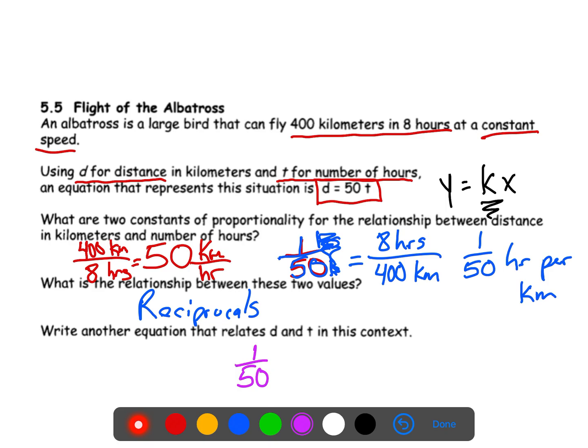Now what we're going to do is multiply the constant of proportionality times the distance to equal the time. So it reverses those variables, because if you think of that table, instead of working one direction, we're working the other, and we're working with the variable here on the other side of the table to get back where we started. We're using its reciprocal to go back where we came from.